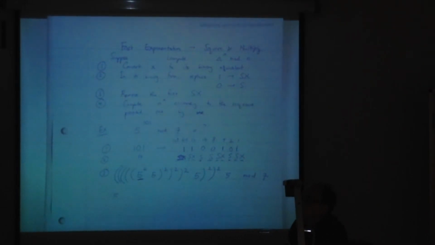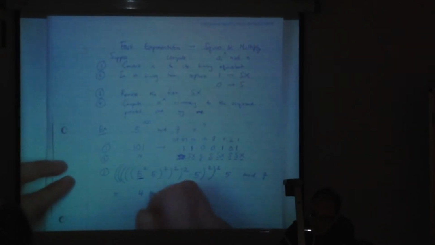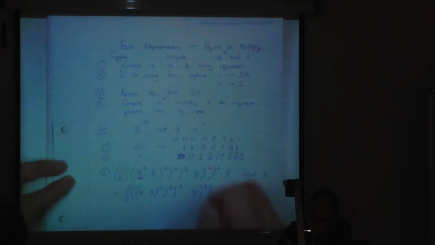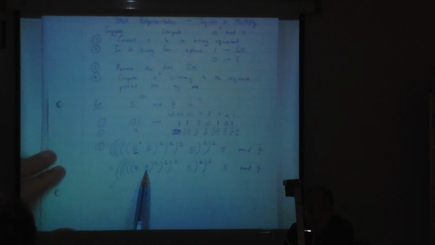What's 5 square? 25. 25 modulo 7 is 4. So I put this back: 4, and then times 5. Square, square, times 5 modulo 7.